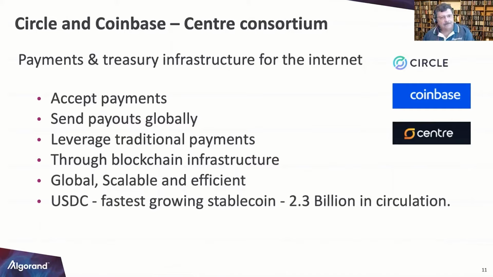For those that haven't, it's a stable coin. And one of the problems with cryptocurrency of any sort, whether it's Bitcoin or Ethereum or Algorand's native currency, the Algo, is there tends to be a lot of fluctuation. And that makes it very difficult in trading scenarios where maybe you are buying it at a very high rate, then all of a sudden it goes down. Now you're trying to sell it and you're losing money, that sort of thing.